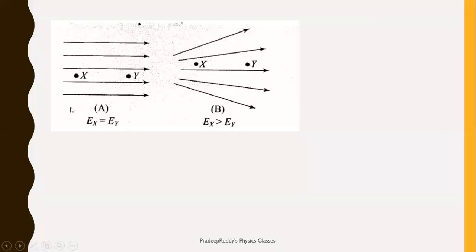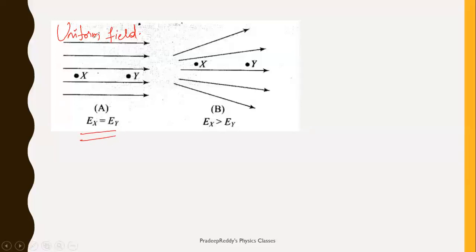Students, in this particular slide, we have two figures where the separation between any two lines is the same, right? Therefore, it is a uniform field. And a uniform field is produced because the charge over here and charge over here have equal magnitudes. Now, if you are taking any 2 points in this uniform field, like for example, X and Y, the field produced at this position X and the field produced at this position Y, both magnitudes are equal.